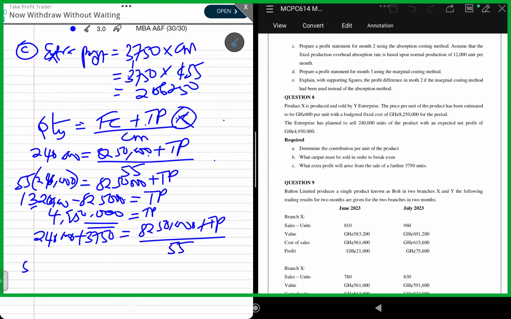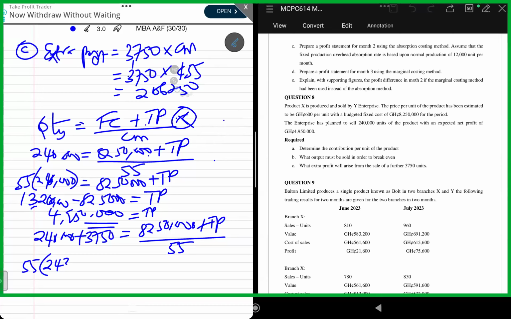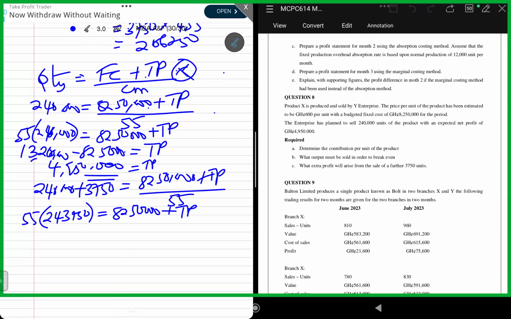Then I'll say 55 times 243,750, because adding 240,000 to the 3,750 gives 243,750, equals 8,250,000 plus the target profits. Are we good? Yes.